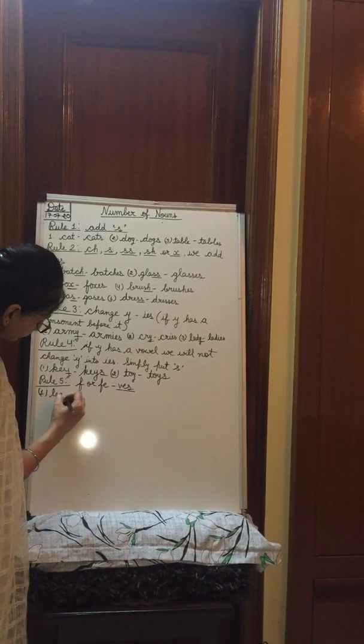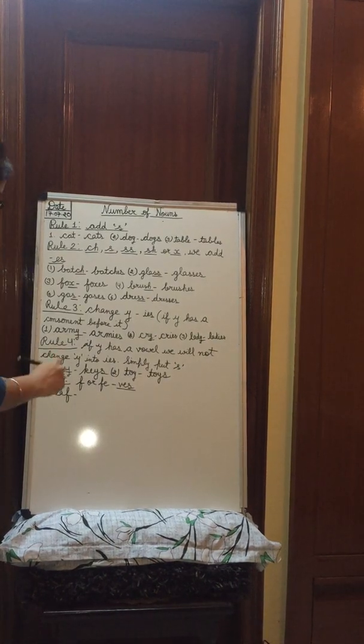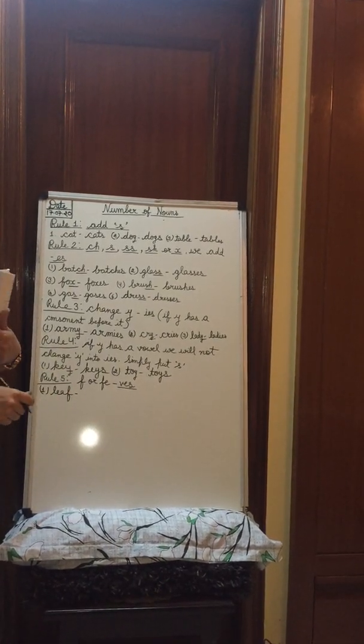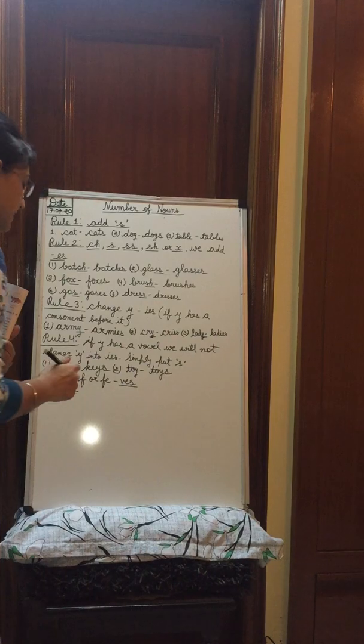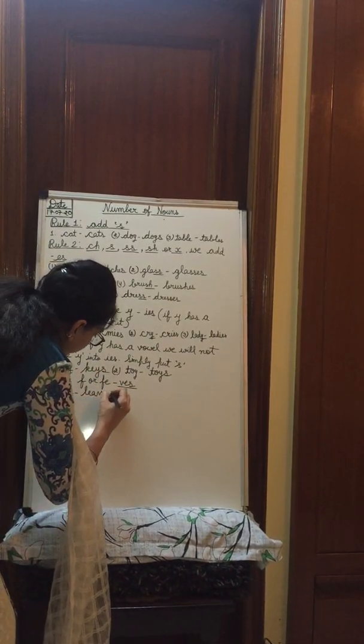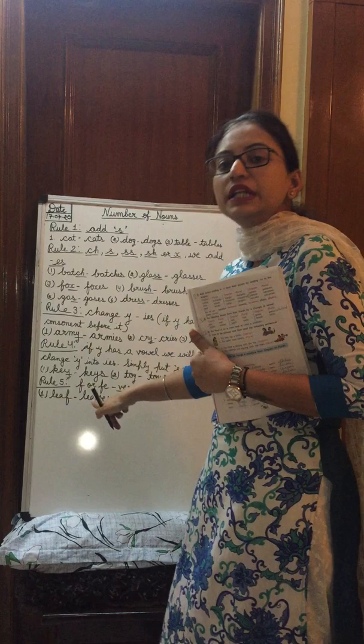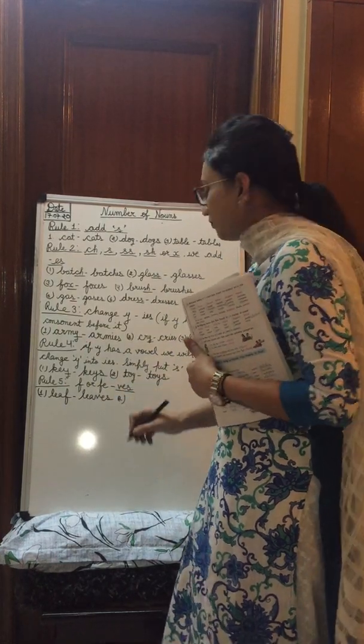Leaf. Here is F. We will change this F to VES. Leaves. Leaf, leaves. Wife, wives.